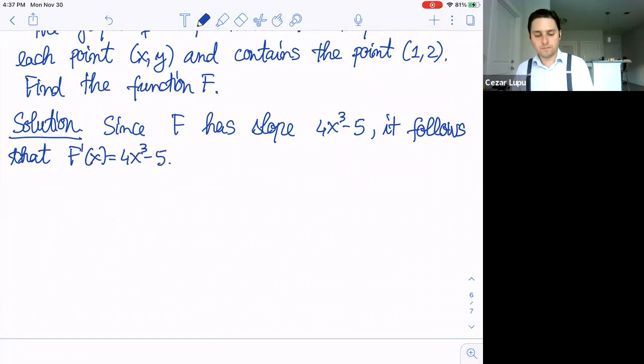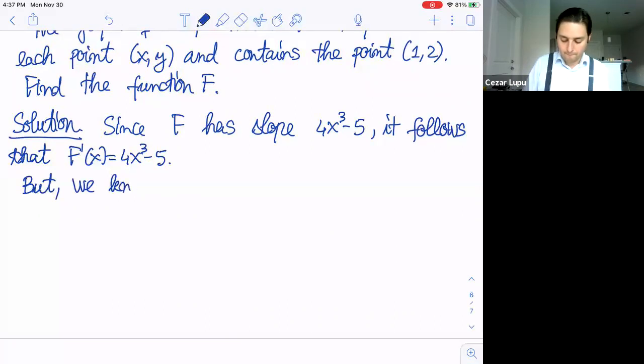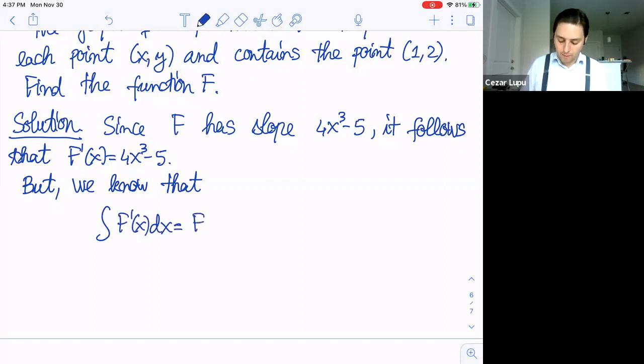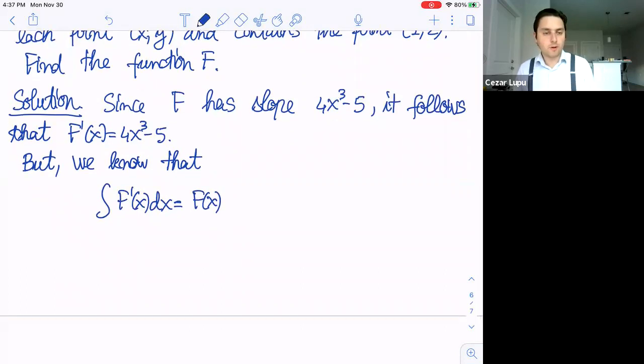We know this. But we also know that the integral of F prime of x dx is F of x. So the antiderivative of the derivative is the function itself.